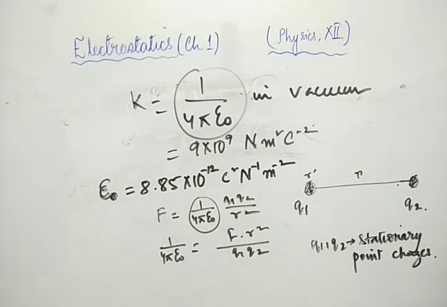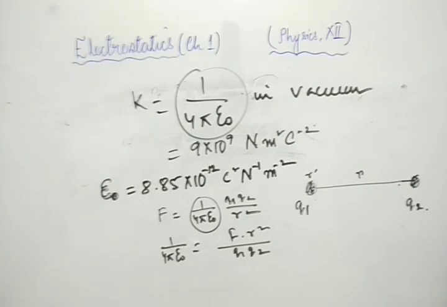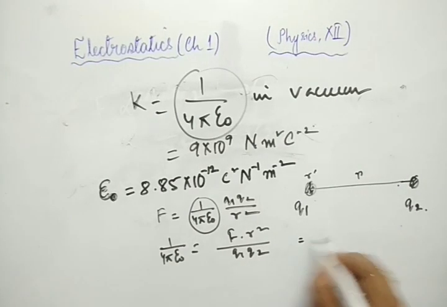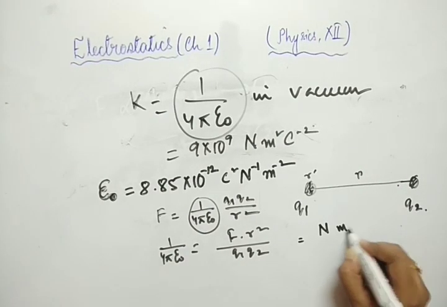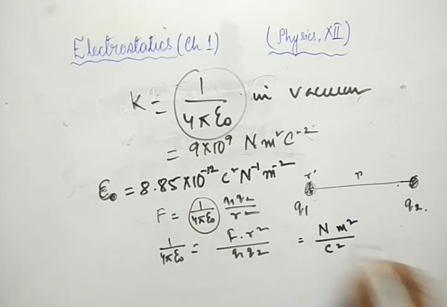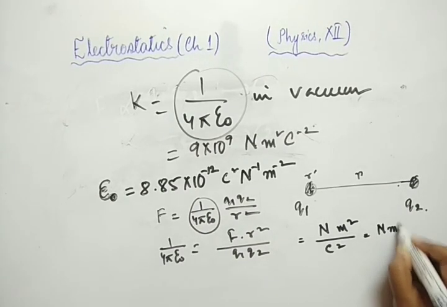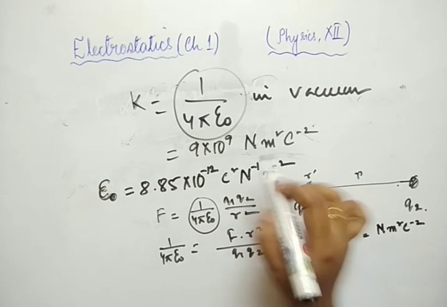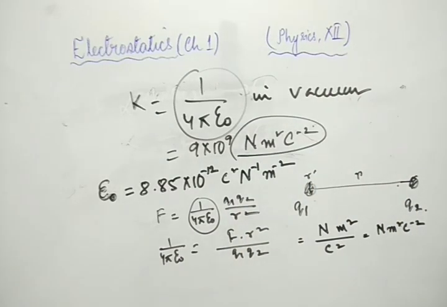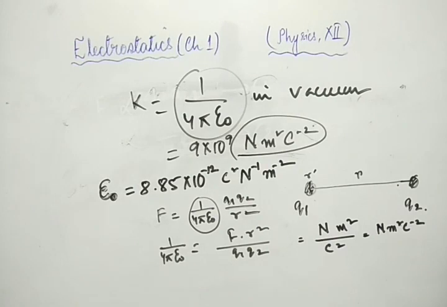Now if F is in Newton, R is in meter square, and this is in Coulomb square, you can write its unit as Newton meter square per Coulomb square. So in this way this unit comes. Okay, so this was all about the constants.